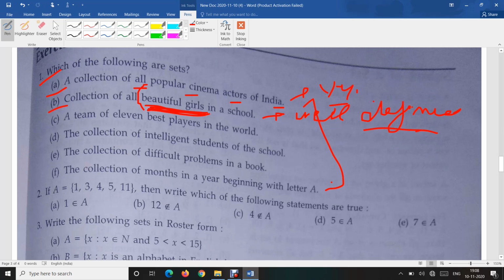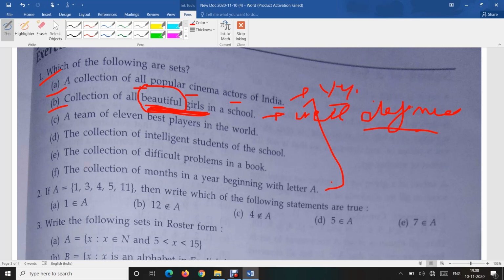Because it has the term beautiful. Suppose there is one person who, according to you, can be beautiful, and according to me cannot be beautiful, because each person has a different opinion and a different point of view. That means the definition of beautiful cannot be the same for two people.